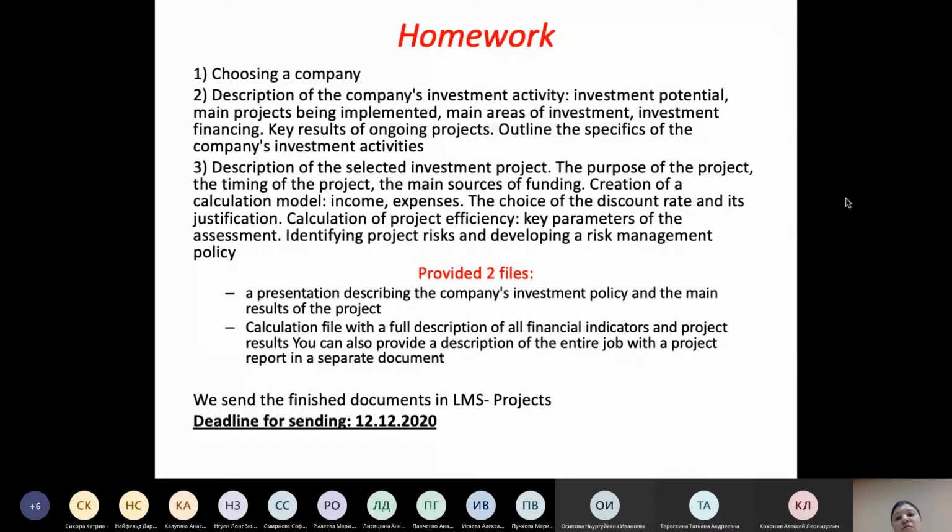Then you have to create a calculation model and present the information about incomes and expenses for your chosen company.